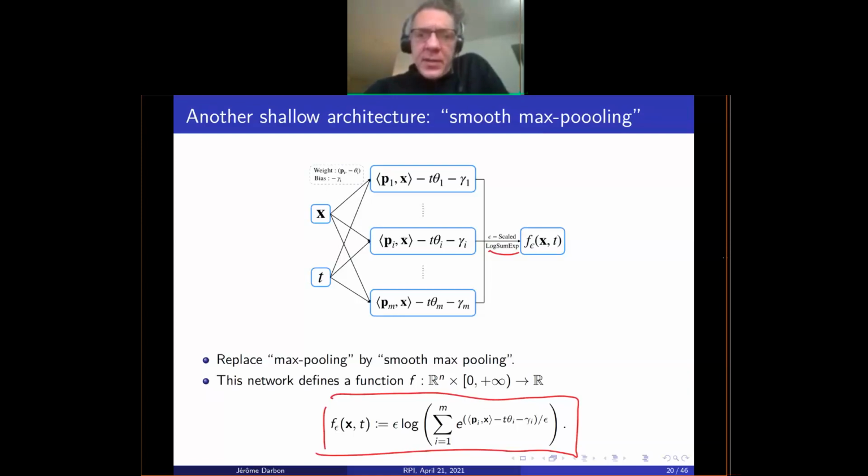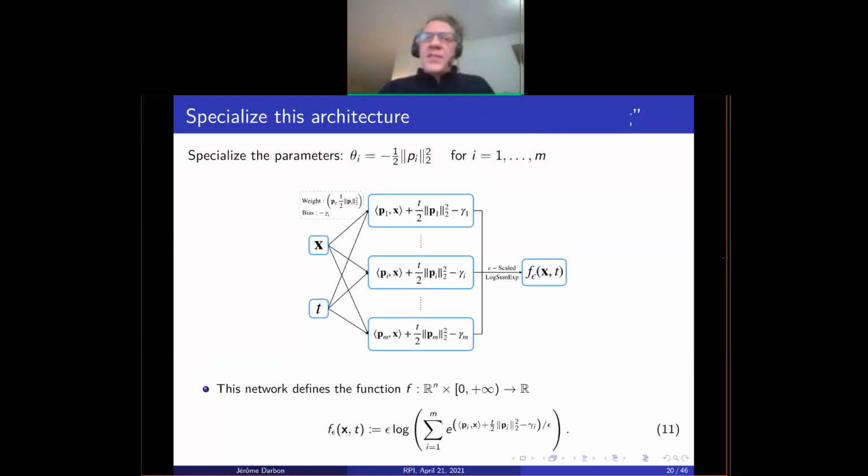So when epsilon goes to 0, this f epsilon converges to f in the sense of Gamma convergence. You can specialize what some of the parameters theta will be. We force here another relationship between the coefficient, the parameter theta i and pi. So you get that kind of neural network architecture that gives you this definition for the function that is implemented by the neural network.